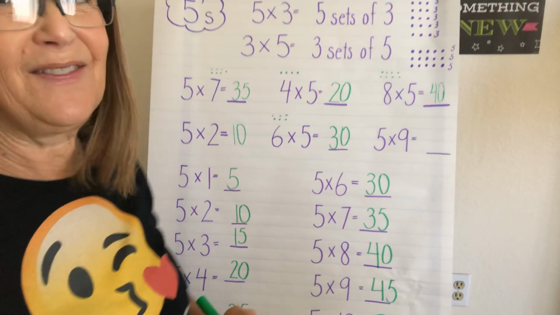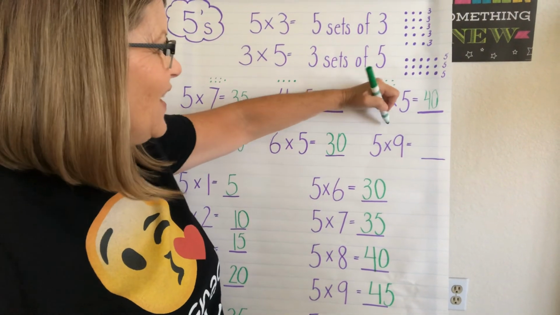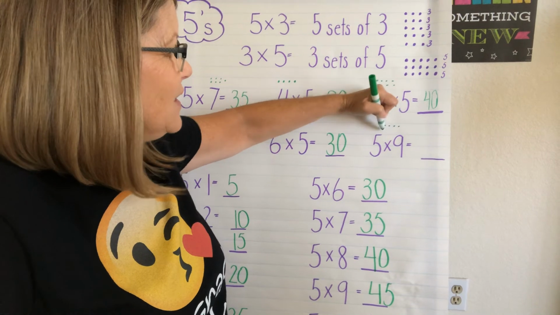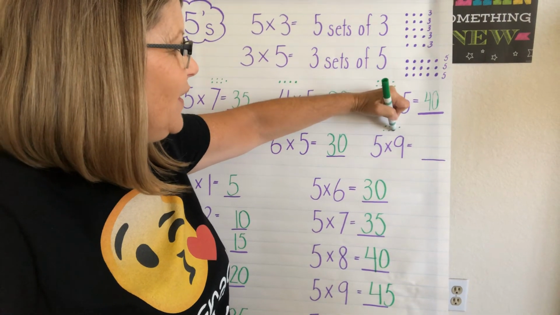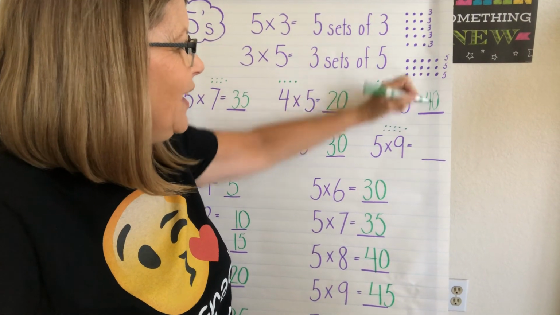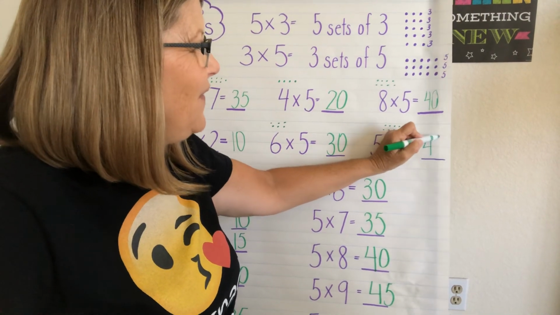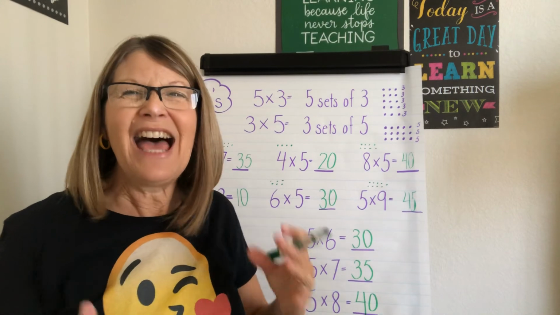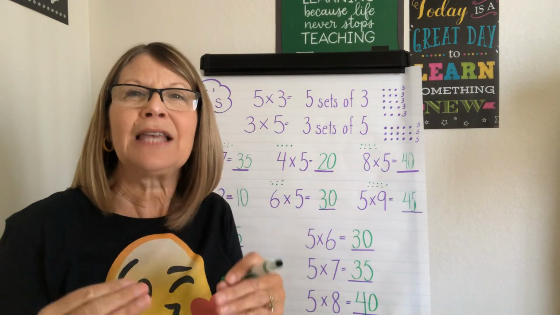And 5 times 9. Here we go. 5, 10, 15, 20, 25, 30, 35, 40, 45. Very good.